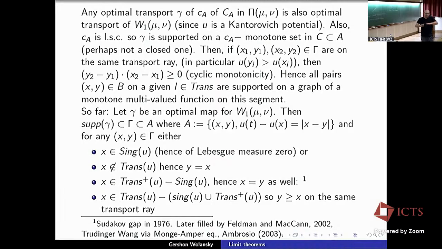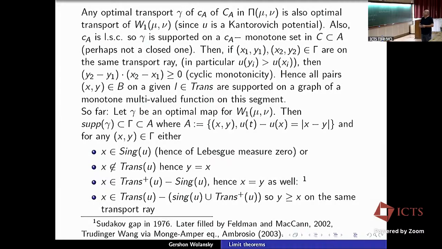The measure is defined on the whole space. We are only looking at the line. We don't know how to define a measure on it, but we know that the optimal transport is supported on the line, and it is monotone in this sense.